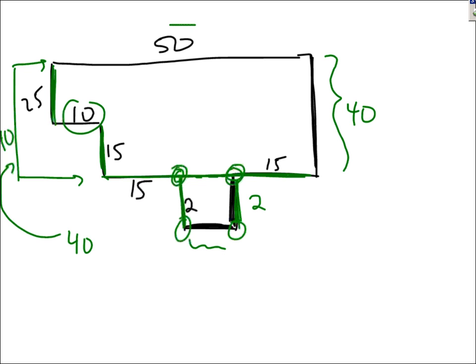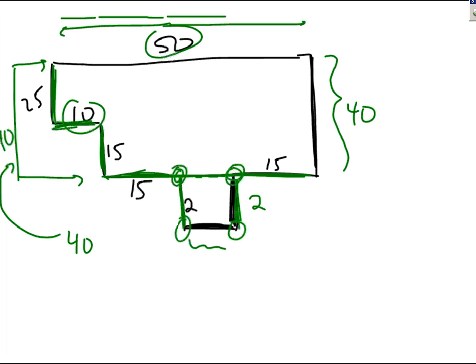Well, I know from left to right, it's 50. We have this piece plus this piece, which is 15, plus the unknown piece, this piece here, plus this piece here. The sum of the parts is 50. The first piece is 10.